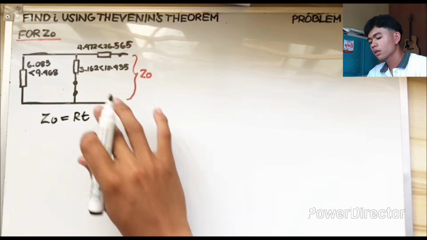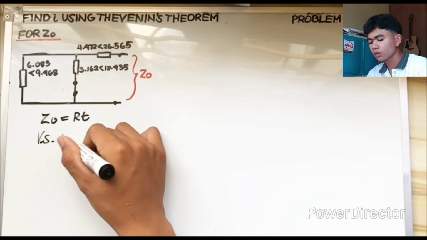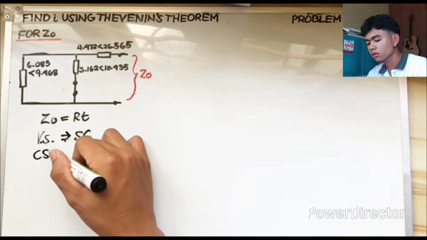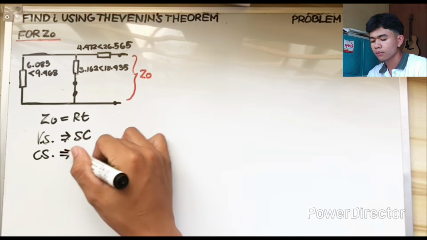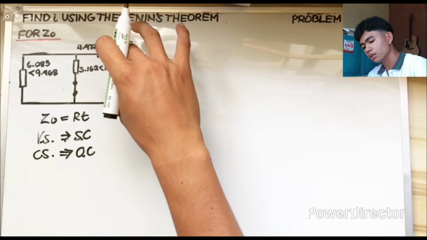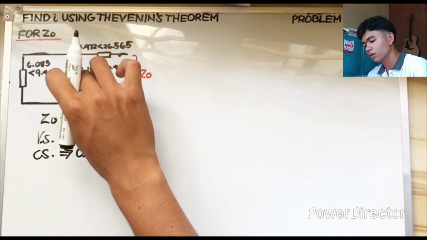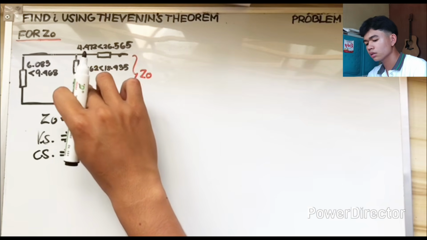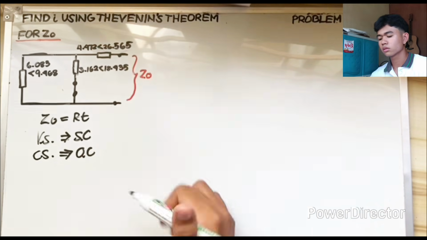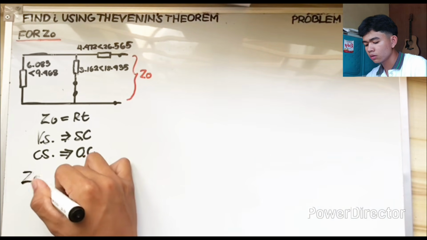The voltage source will become a short circuit and the current source will become an open circuit, just like this. This is open and this is closed, wherein this is the voltage source and this is the current source. So we will find the ZO.